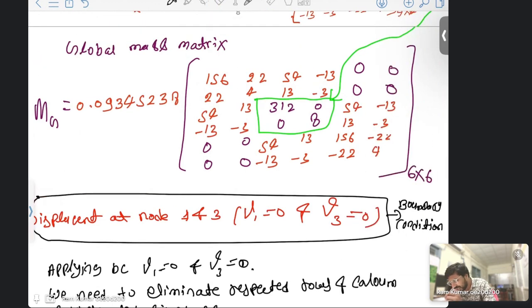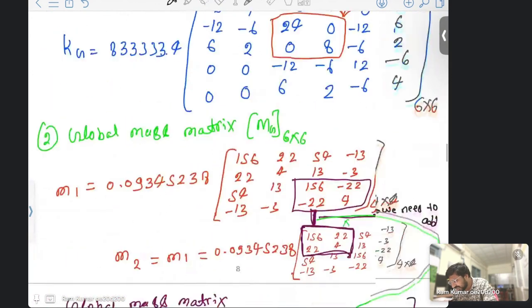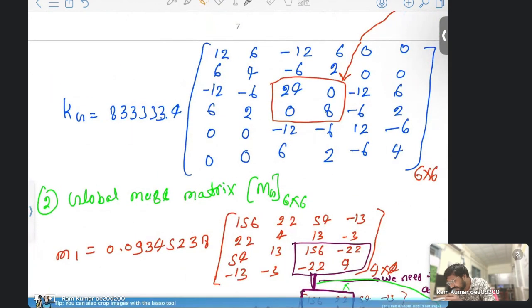So from our global mass and stiffness matrix, I just copy from here.